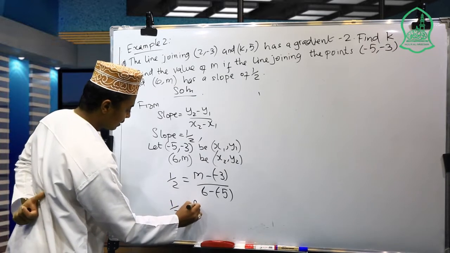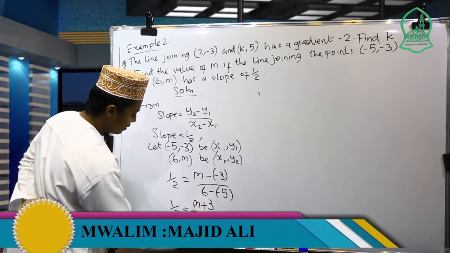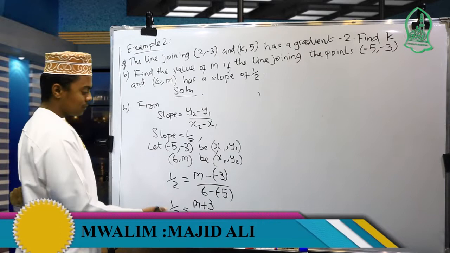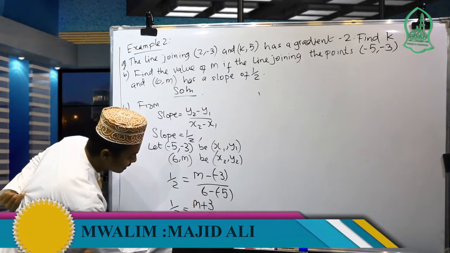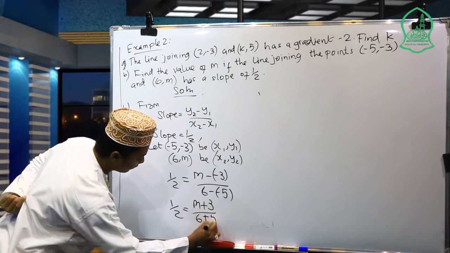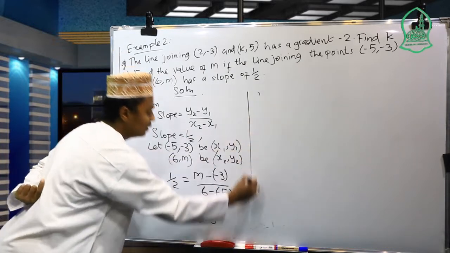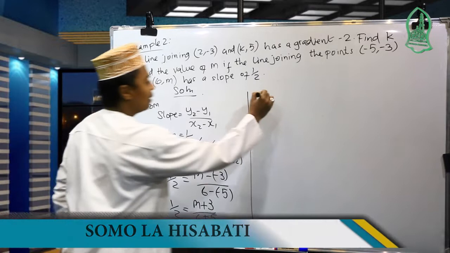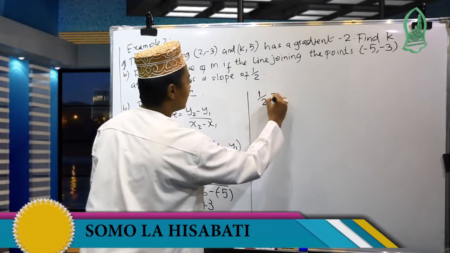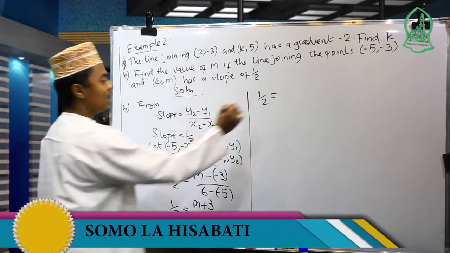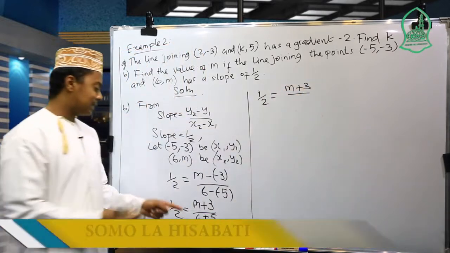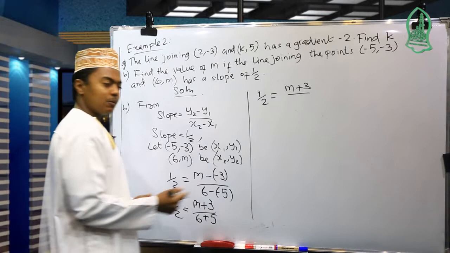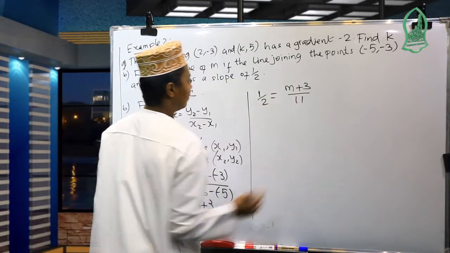Minus negative is plus, so 6 plus 5. Then 1 over 2 equal to m plus 3 over. What is 6 plus 5? 6 plus 5 is 11.